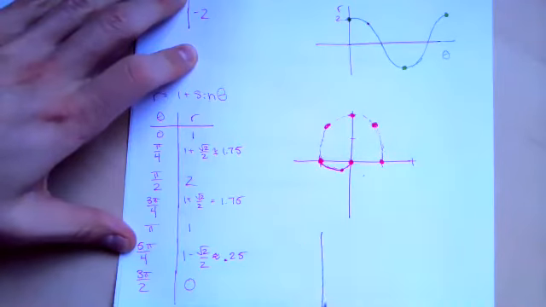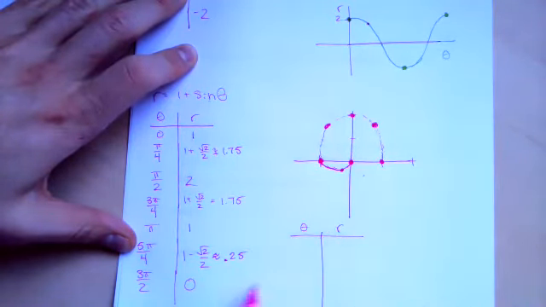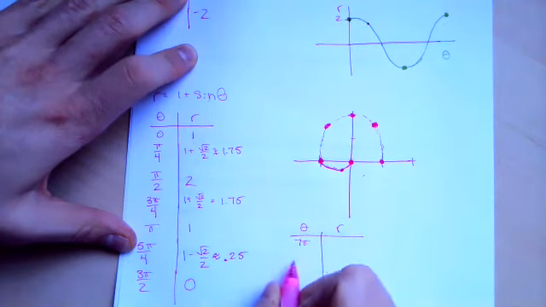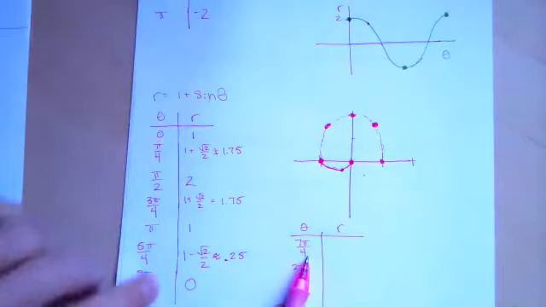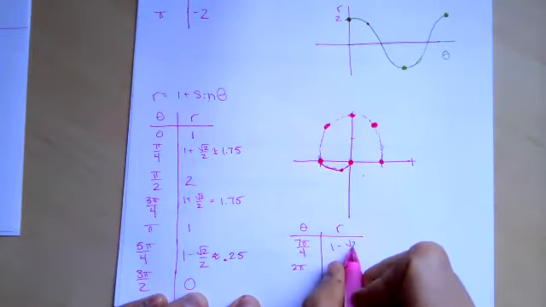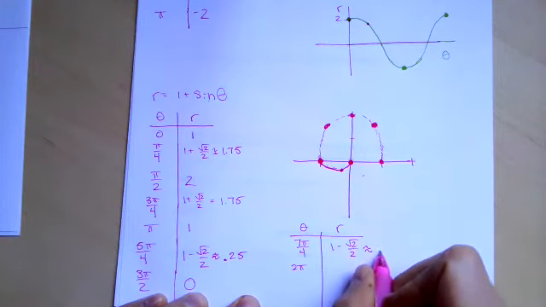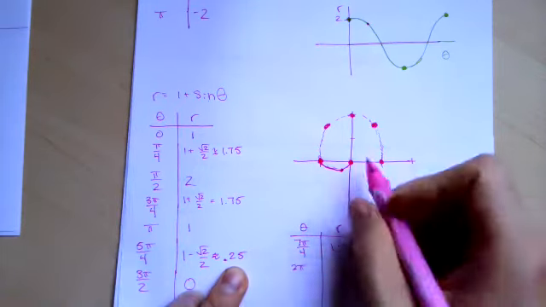And if we wanted to continue our table, what comes next? 7 pi over 4, and then 2 pi. At 7 pi over 4, again, sine is going to be negative, so we'll get 1 minus square root 2 over 2, and another 0.25.